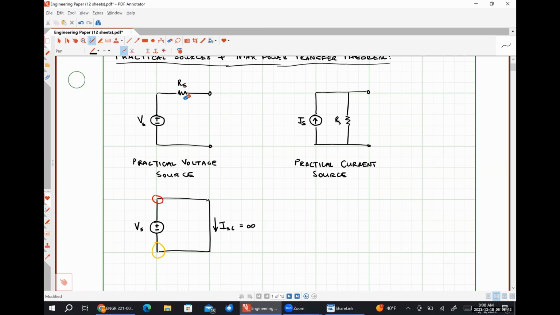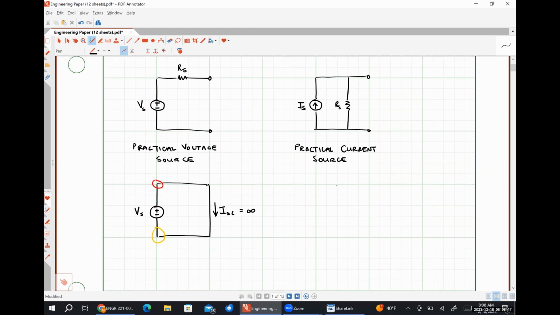For our practical current source, it's the opposite thing, right? So if I have a current source Is like so, connected effectively in parallel to an open circuit, I would see that my open circuit voltage would have to be infinitely large, to account for the fact that my current is flowing through something that has a resistance of infinity, effectively.